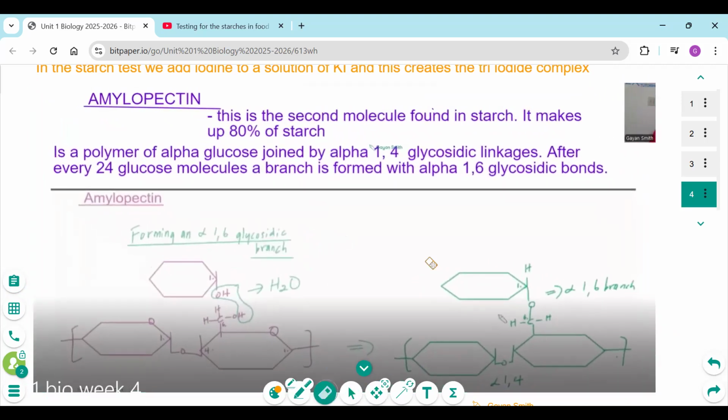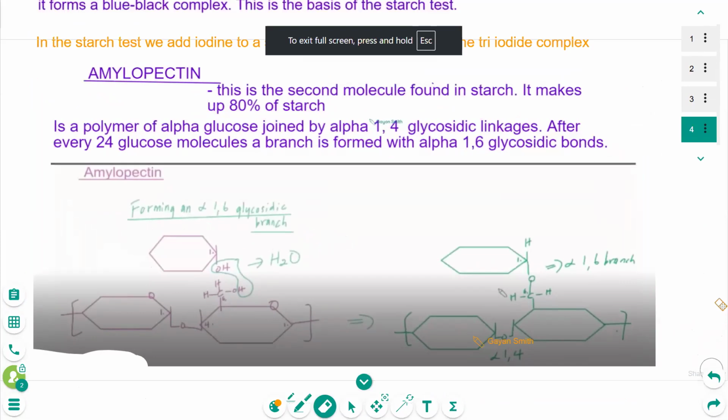All right. So this is the other compound that is found in starch. And in fact, the majority of starch is actually made up of this one. Amylopectin makes up to 80% of our starch molecule, right?